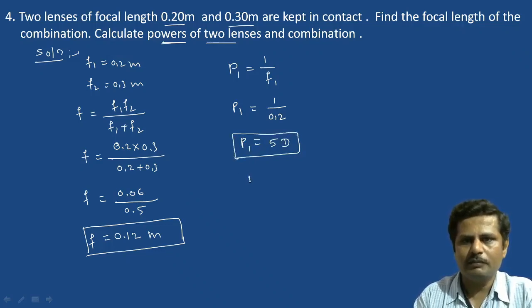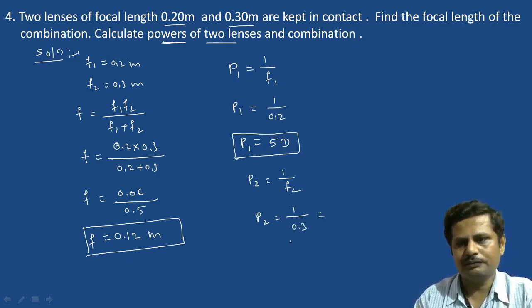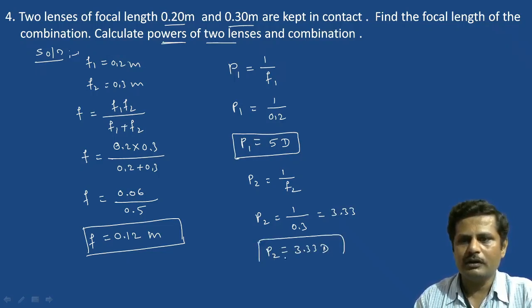In the same way, P2 is equal to 1 divided by F2. That is P2 equals 1 by 0.3. 1 by 0.3 is 3.333. That is P2 equals 3.33 dioptre. So these are the powers of the two lenses.